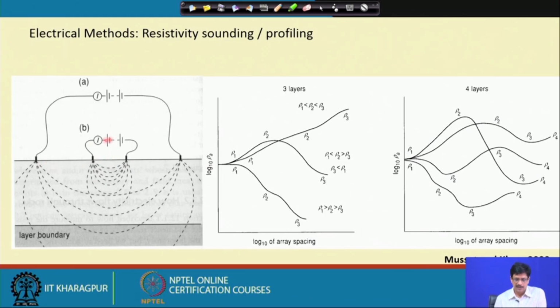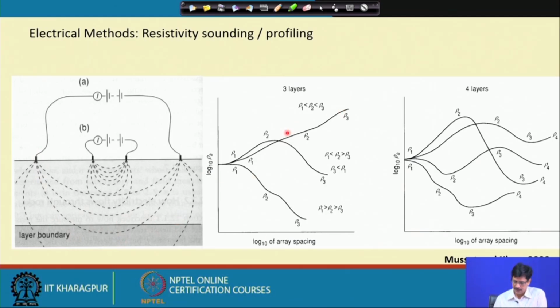Either one could remain fixed and the other one moving, or all four could be moving away from each other, allowing the current to flow deeper and deeper into the different layers.